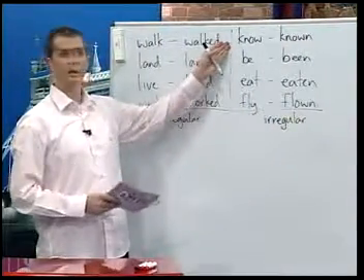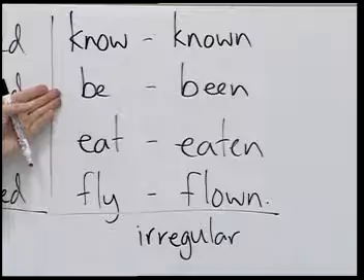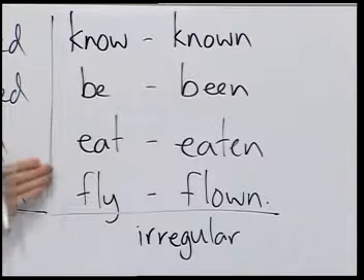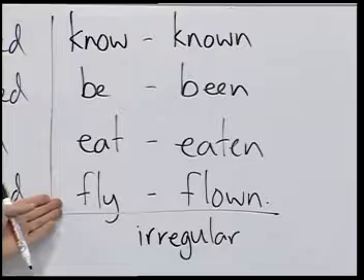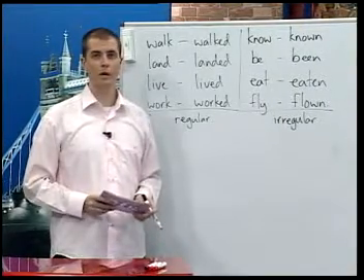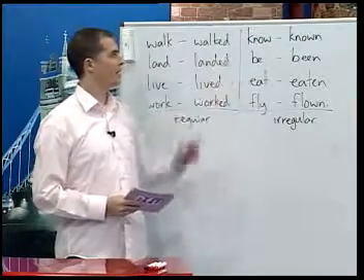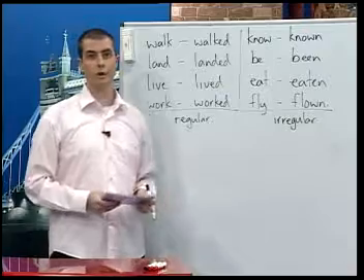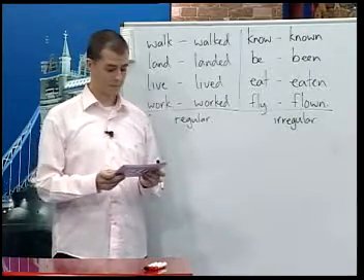You just have to remember these ones. There's no rule. You have to learn the verb and think, is it a regular verb or an irregular verb, and learn the past participles.